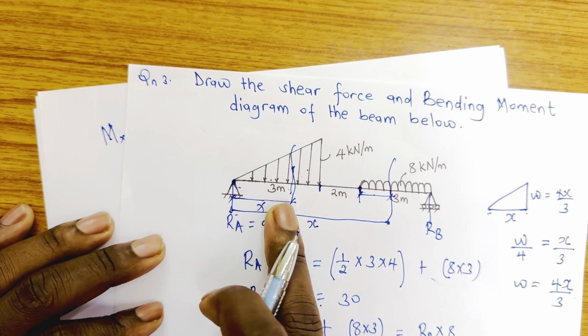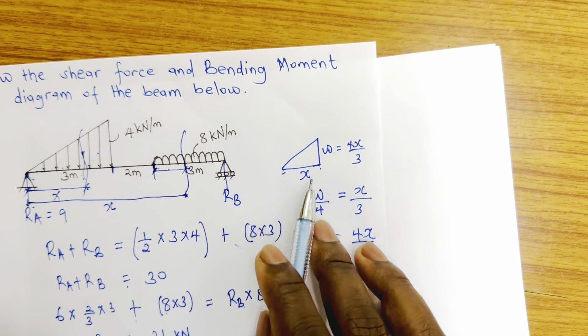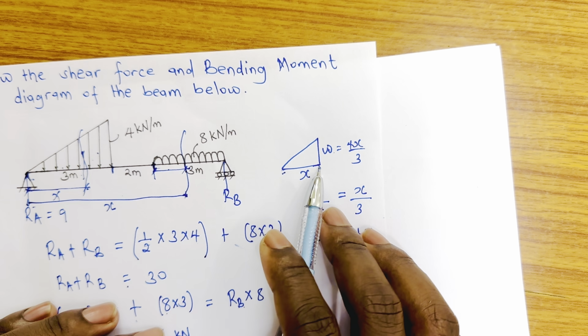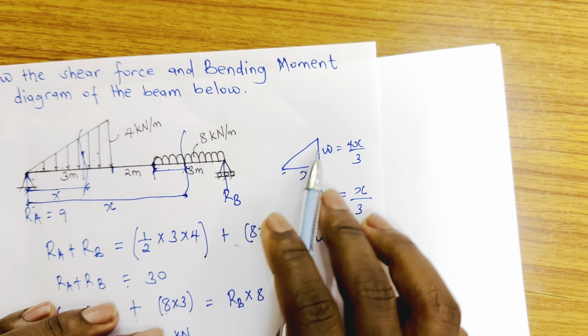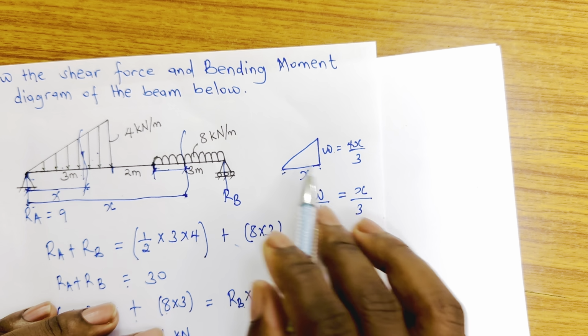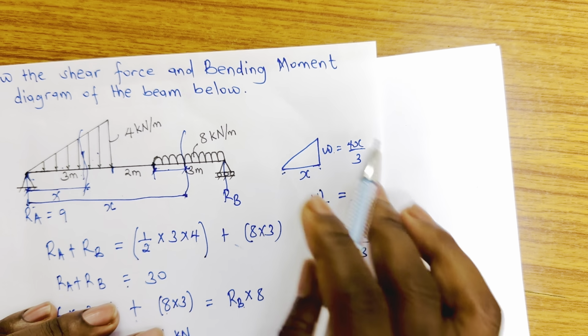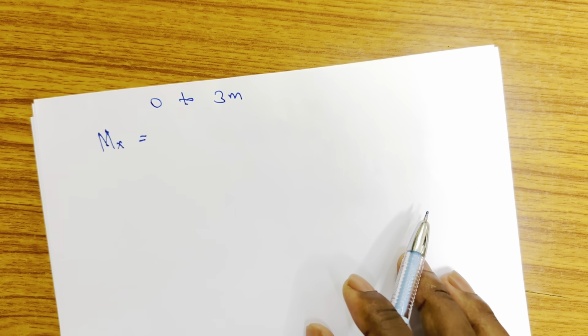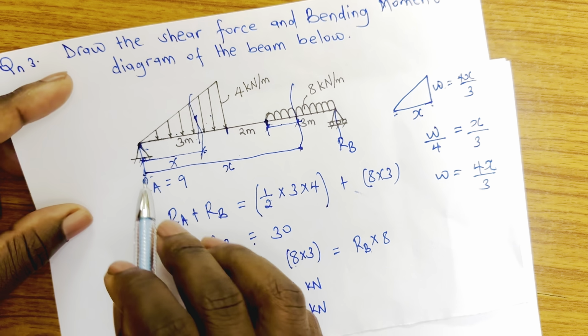From here up to this part I'm taking as x, and that small triangle is what I have drawn here, as you can see. So the span from the origin up to x, then the value at this point is 4x by 3. You need to understand this part clearly, otherwise you cannot do it, but it is easy. Now if that is the case, the first thing I have to consider is 9 times what?